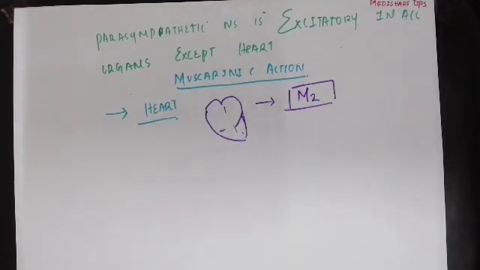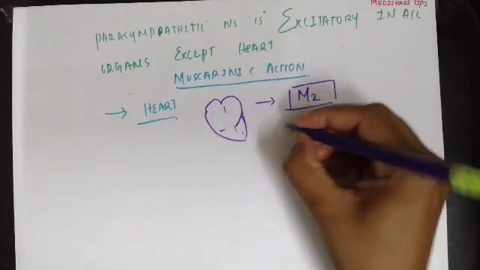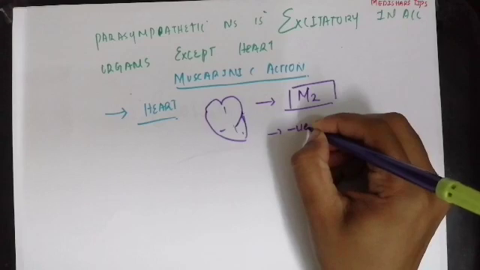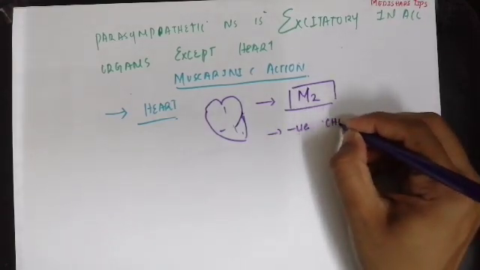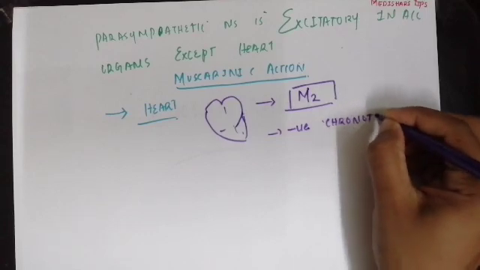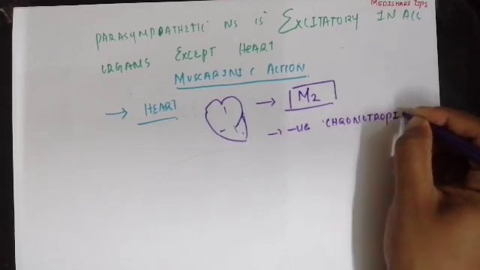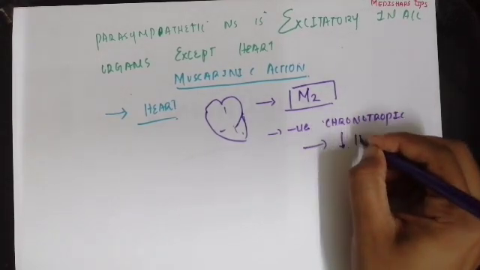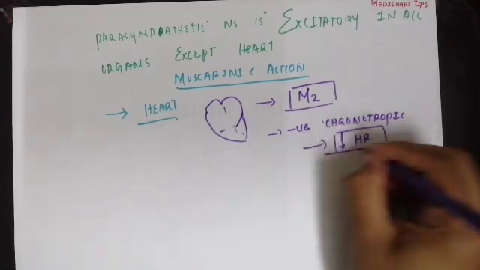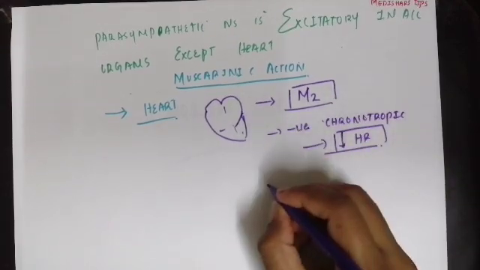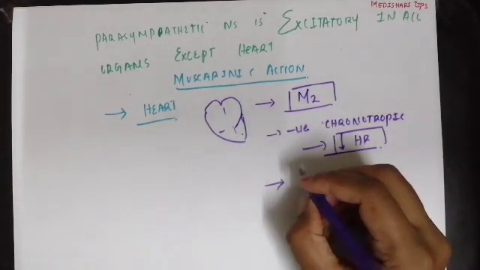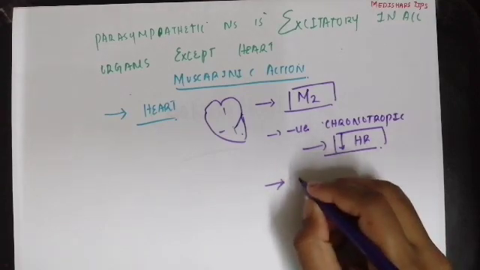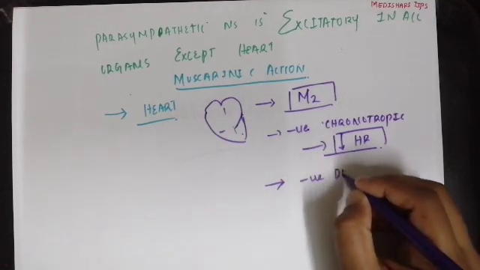So what are the actions in the heart? It produces a negative chronotropic effect, which means it decreases the heart rate. Decreasing the heart rate means it can produce bradycardia, not essentially, but overall it decreases the heart rate, and it produces a negative dromotropic effect.